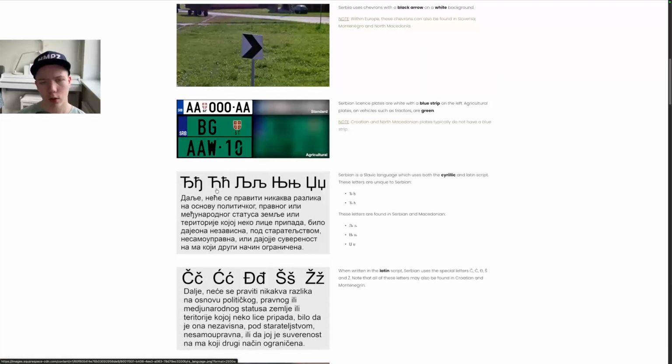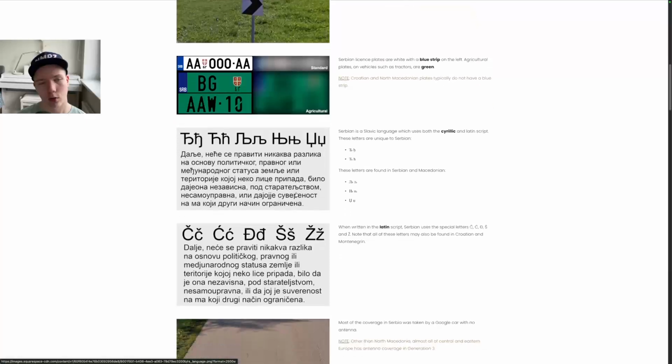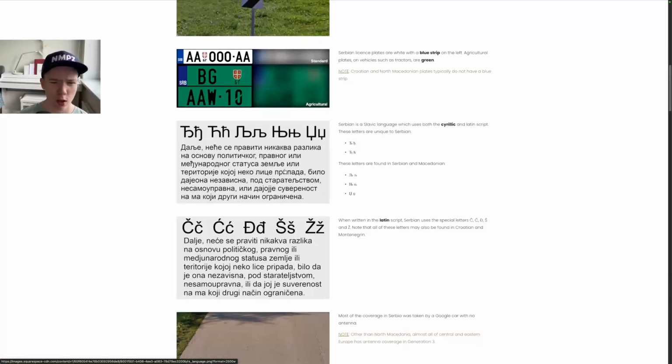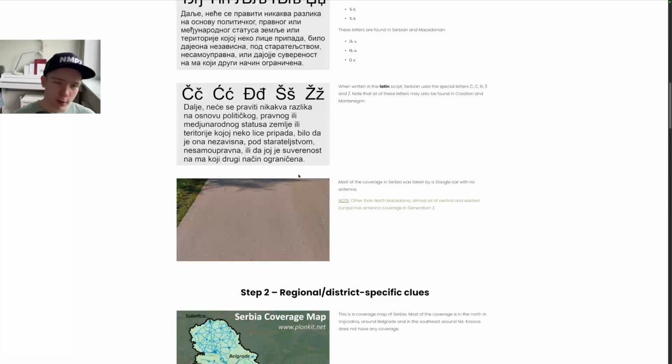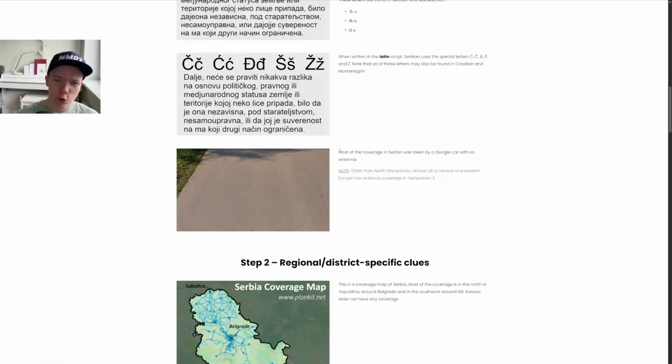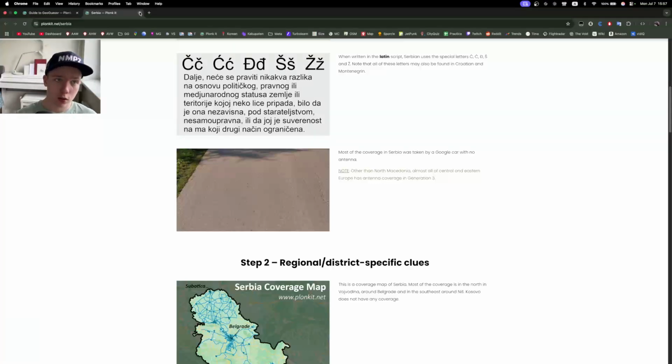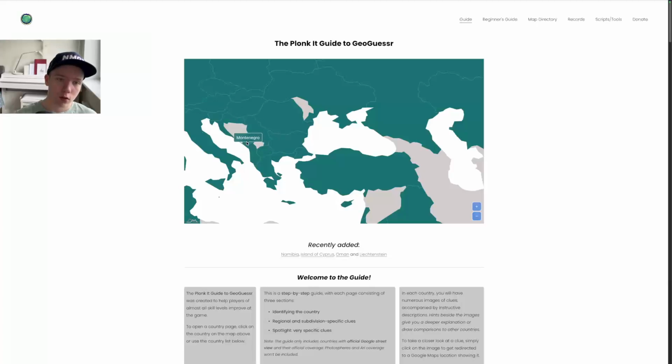Yeah, Serbian is kind of unique. Most of the cars in Serbia were taken by a Google car with no antenna. Yeah, I guess so, but you can see the antenna as well sometimes.